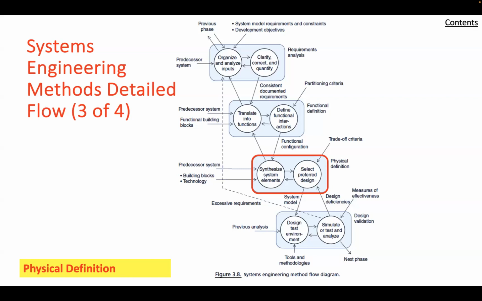As in the case of functional design, such decisions are made by the use of trade-off analysis. There are usually more choices of different physical implementations than functional configurations. It is even more important that good system engineering practice be used in the physical definition process.